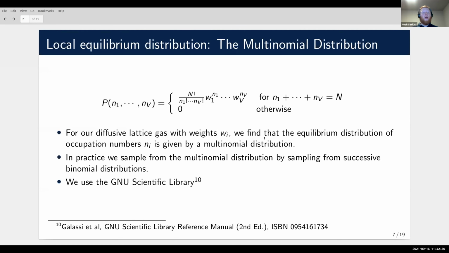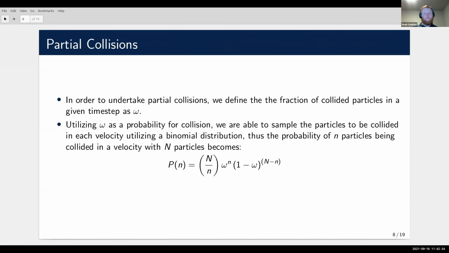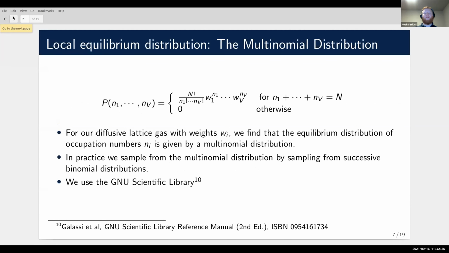So for our diffusive system, we look at the local equilibrium distribution. We have found that the local equilibrium distribution ends up being a multinomial distribution, which is defined as such. For our diffusive lattice gas, we can sample from the multinomial distribution by sampling from successive binomial distributions.